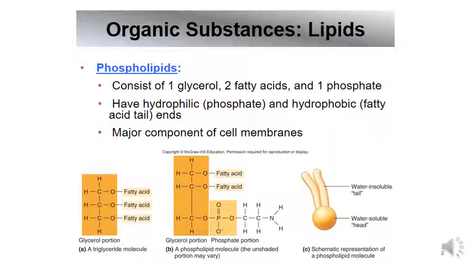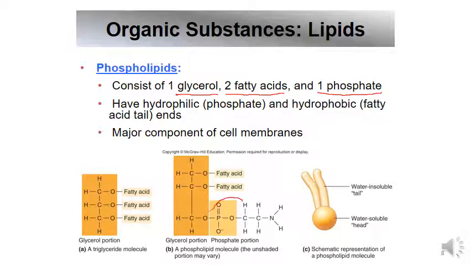Next one, phospholipids. So again, these are still lipids. Know the difference between phospholipids and triglycerides. Phospholipids have a glycerol, just like triglycerides, but only 2 fatty acids, not 3. And they also have this phosphate group. Let me show you on this picture here.